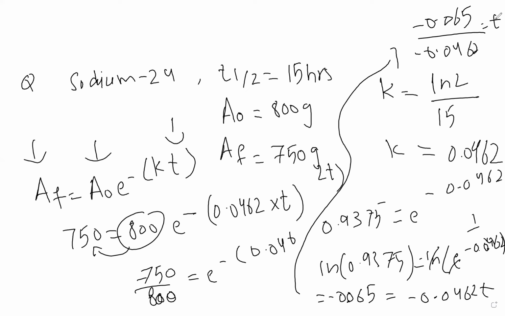The negatives cancel and we get 0.065 divided by 0.0462. So the time period that we get is 1.41 hours. So hopefully this makes sense to you. If you have any questions, you can always ask me. And thank you so much for listening.